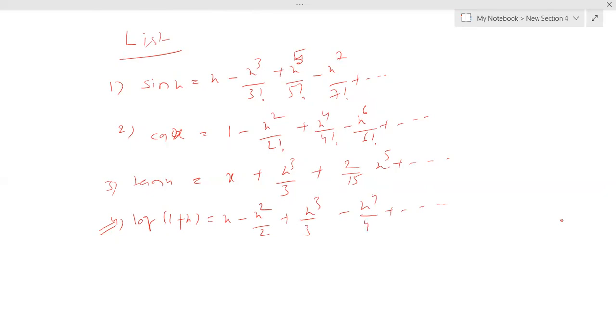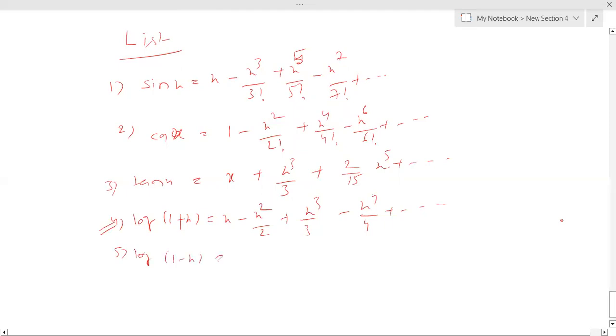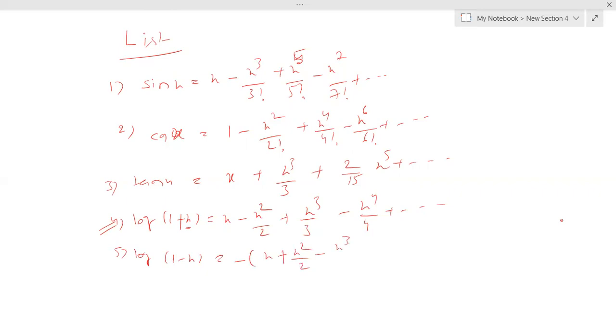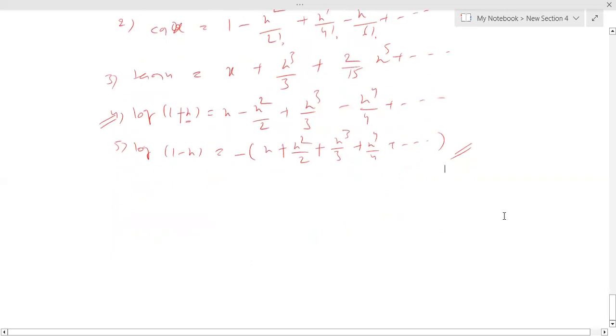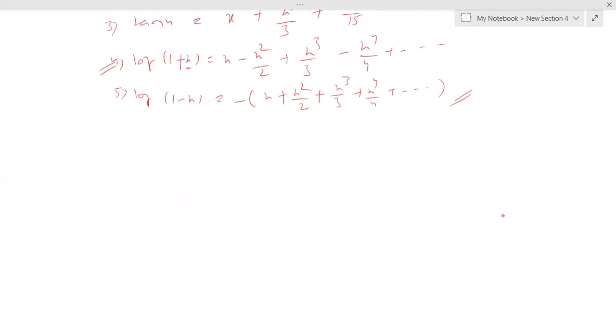Similarly, log of 1 minus x: just replace x with minus x in this formula. We get minus of x plus x square by 2 plus x cube by 3 plus x power 4 by 4 plus and so on. This is the expression. Try yourself. Just remember.